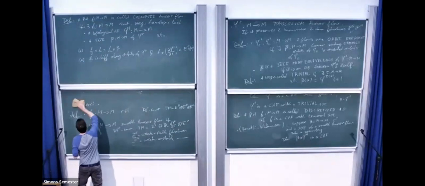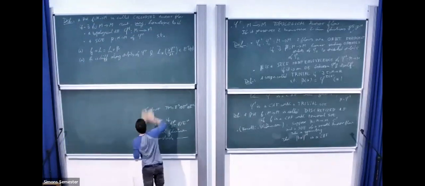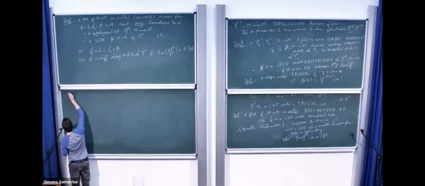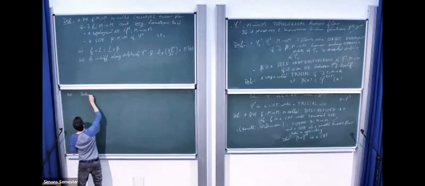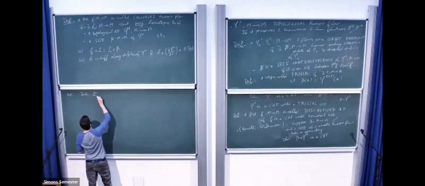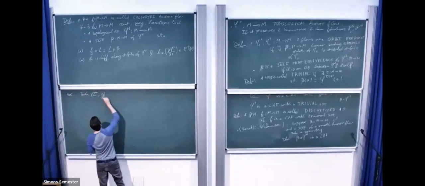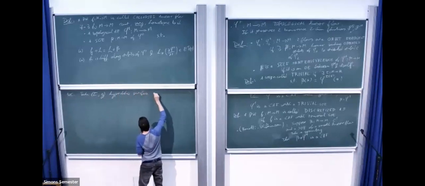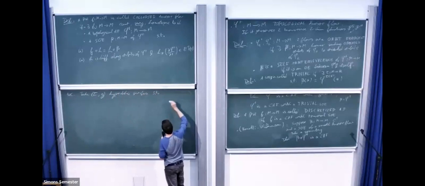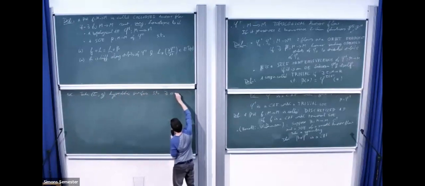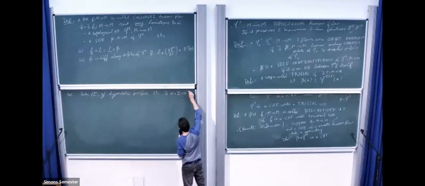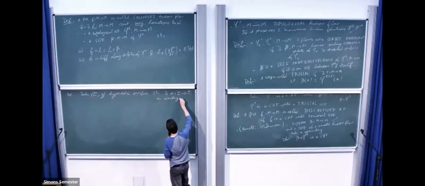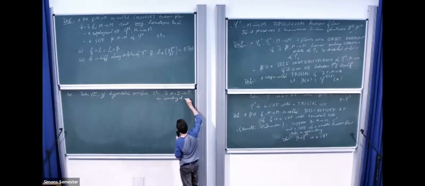So the example is: take a surface Sigma with a hyperbolic metric g, such that there exists sigma from Sigma to Sigma, an isometry of g.